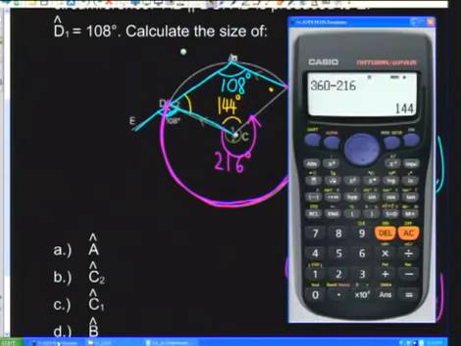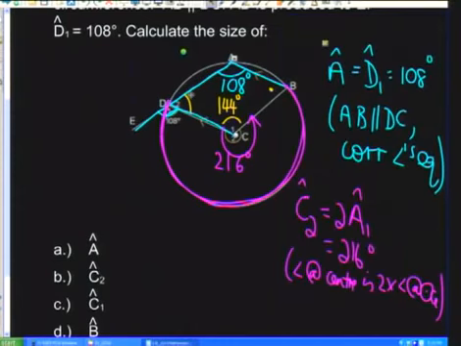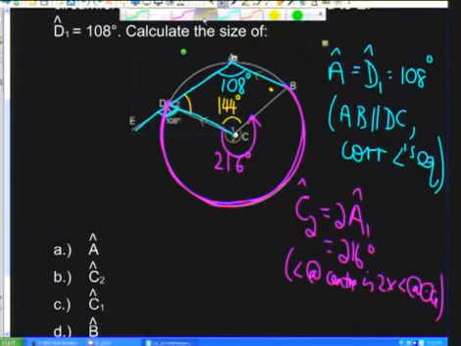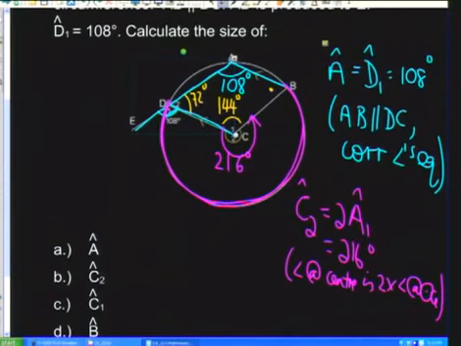So 360 minus 108, and that would be 252. No, that's not 360. That's 180 because they're adjacent supplementary. 180 minus 108 would be 72. So these two are adjacent supplementary. They lie on a straight line.